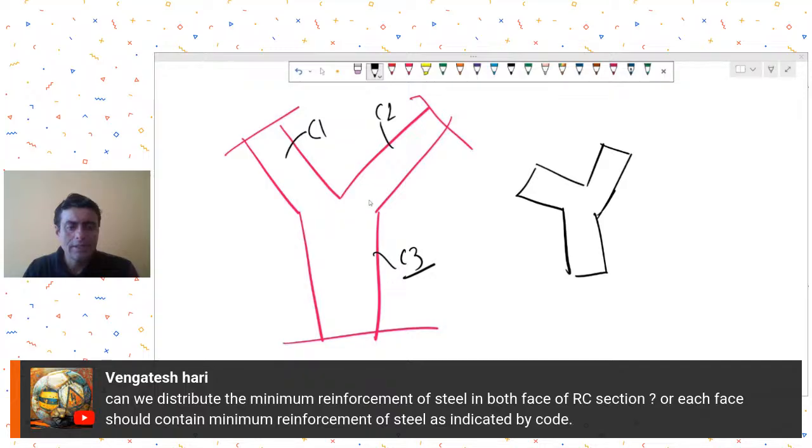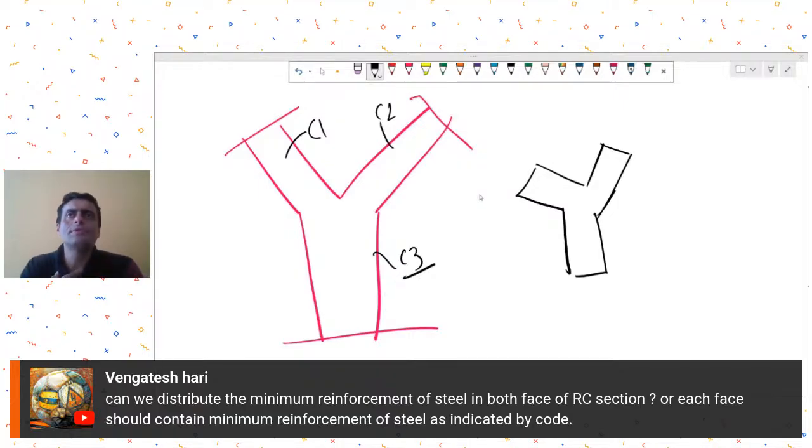Mr. Venkatesh is asking, can we distribute the minimum reinforcement of steel in both faces, or should each face contain minimum reinforcement of steel as indicated by code? No, see, again, it depends clause to clause. For example, in case of slabs, I think that minimum reinforcement criteria is on each tension face in each direction, if I remember correctly.